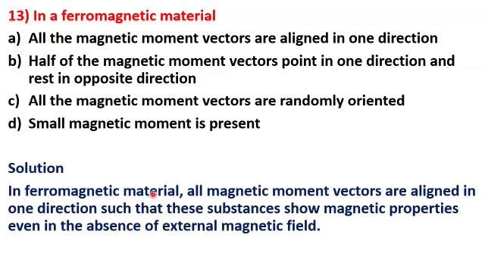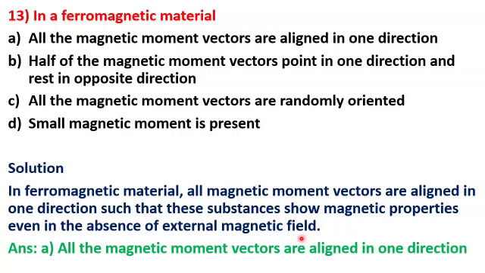So in ferromagnetic material, all magnetic moment vectors are aligned in one direction such that these substances will show magnetic properties even in the absence of external magnetic field. Therefore, the correct option is option A. All the magnetic moment vectors are aligned in one direction.